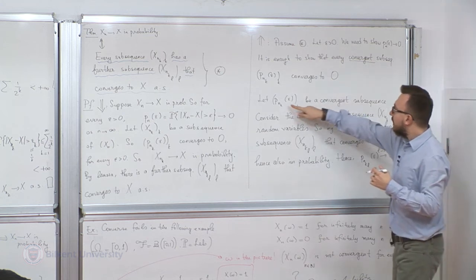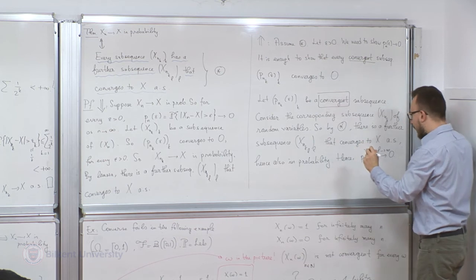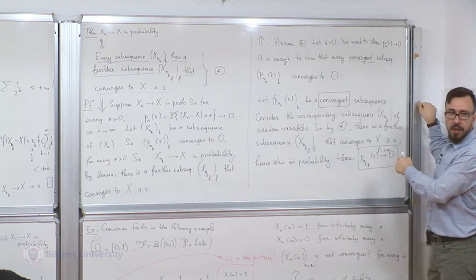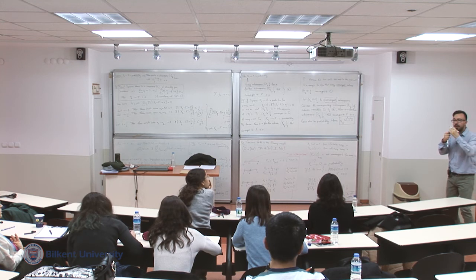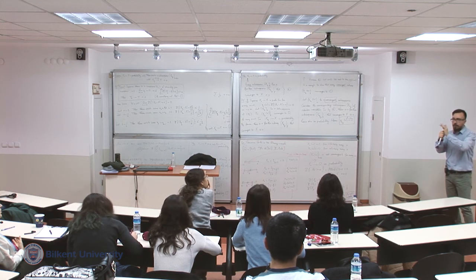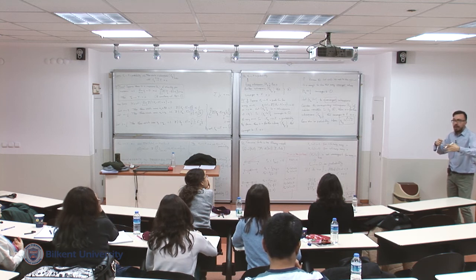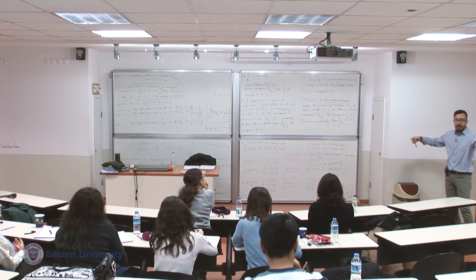So this is a convergent subsequence, and it has a further subsequence that converges to 0. So if you have a convergent sequence, you know there is a limit, and one of the subsequences converges to 0. This means the true limit is 0, right?